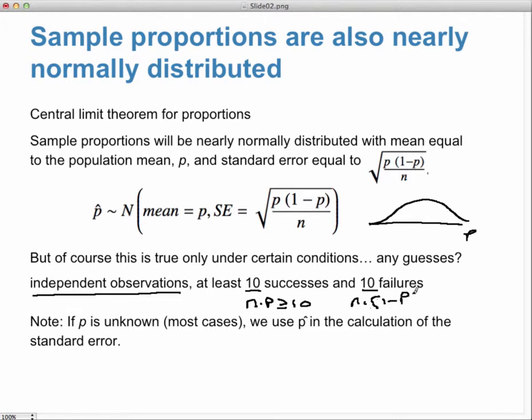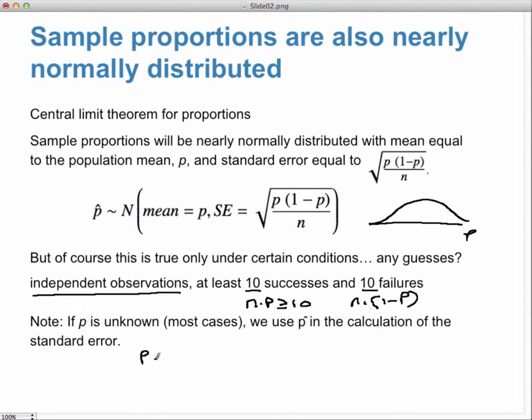And the reason for that is that we will lose this bell-shaped curve if we don't have that. All right, if we have the situation where your proportion, your p, is really close to 0 or really close to 1, and your sample size is not very big.